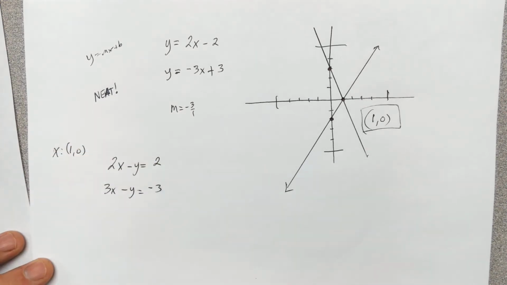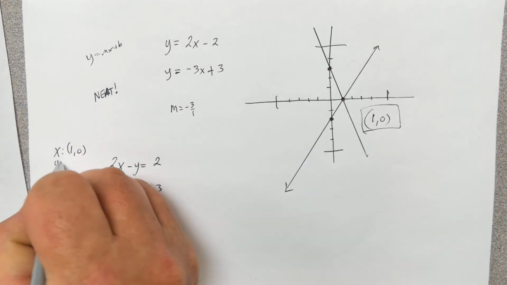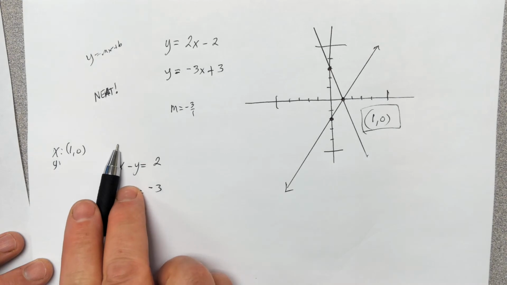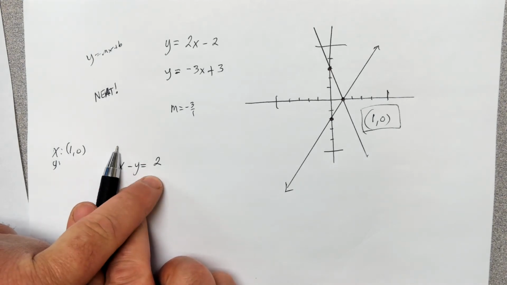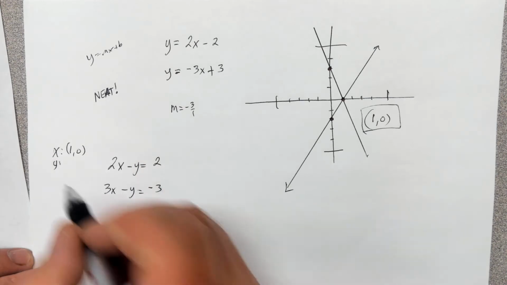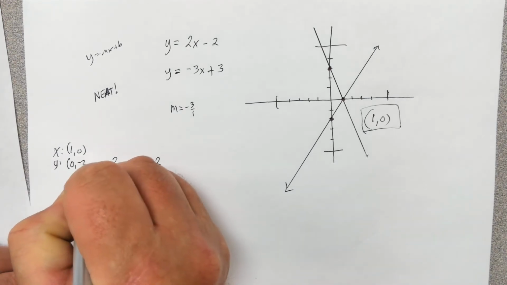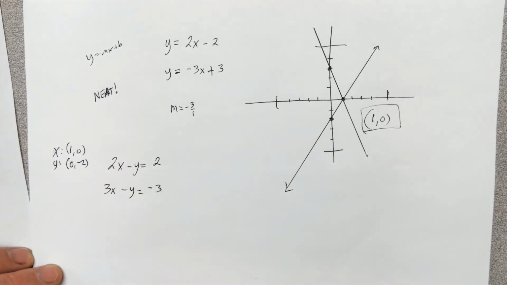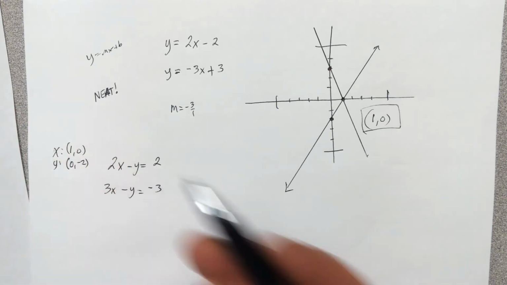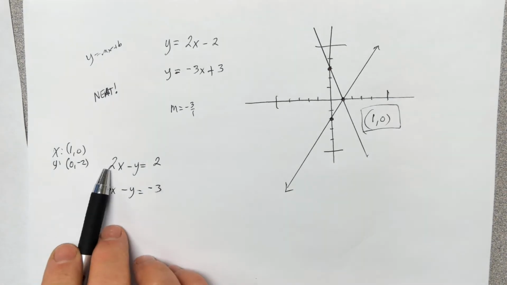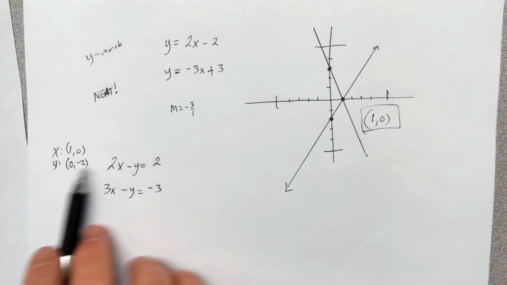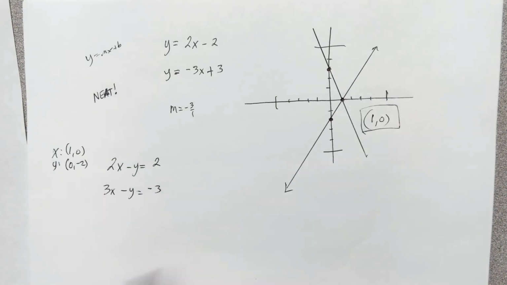And then for the y-intercept, put a 0 for x. Negative y equals 2, so y has to be negative 2. So this one right here, (1, 0), (0, negative 2), conecta los puntos, done.